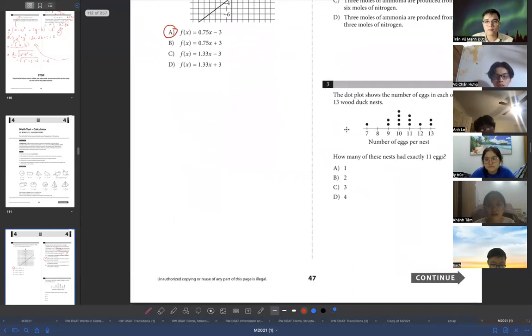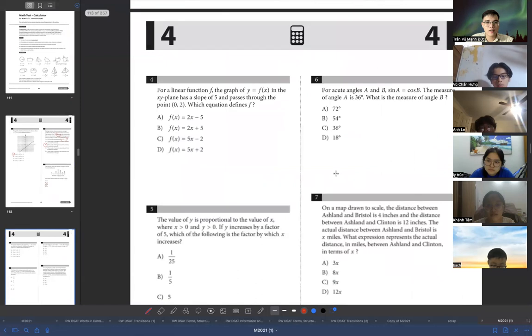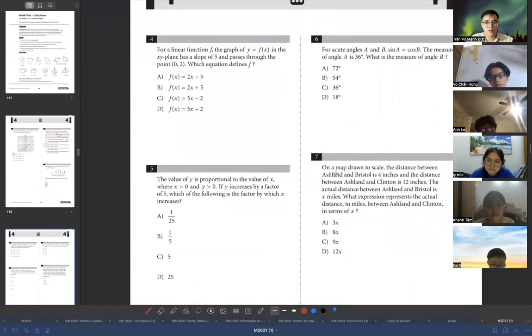3 is C. 3C. Okay. These are quite easy, so I'm just going to walk past them. 4 and 5. 4 is C. 5C. They're just recognizing the equations.